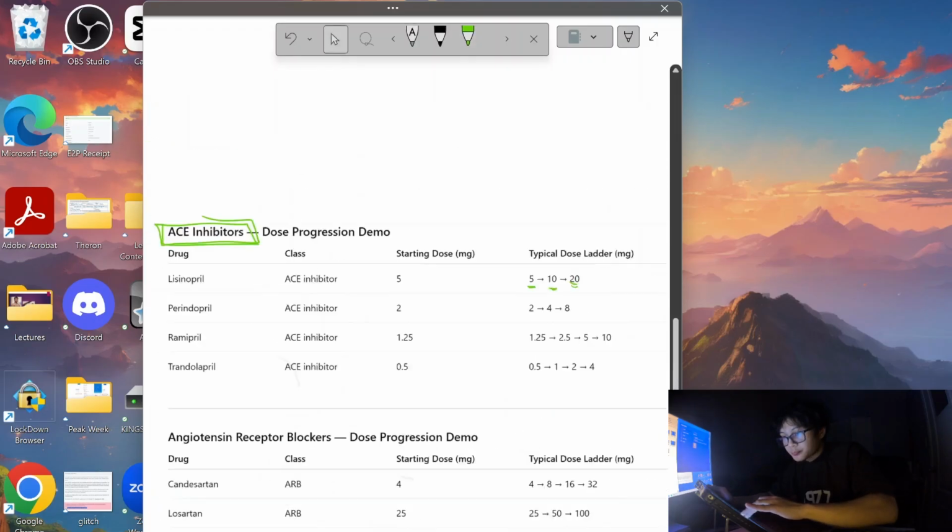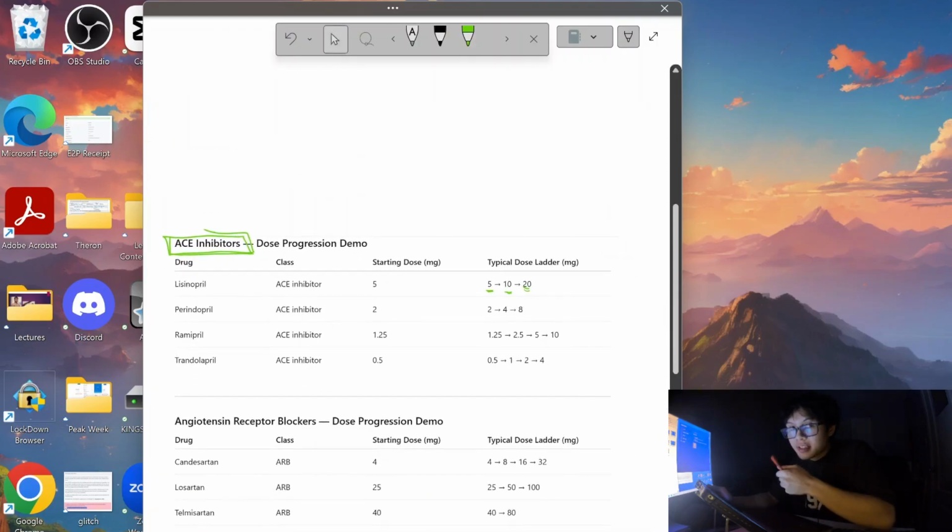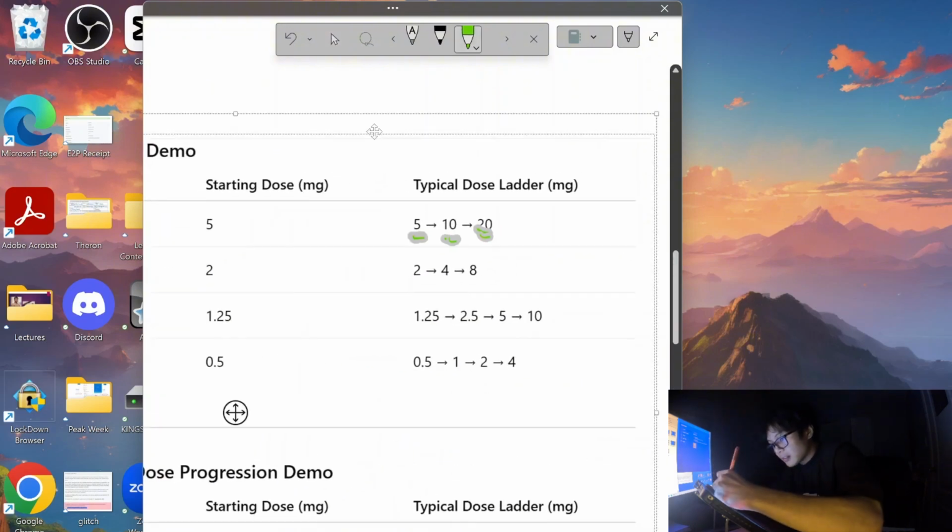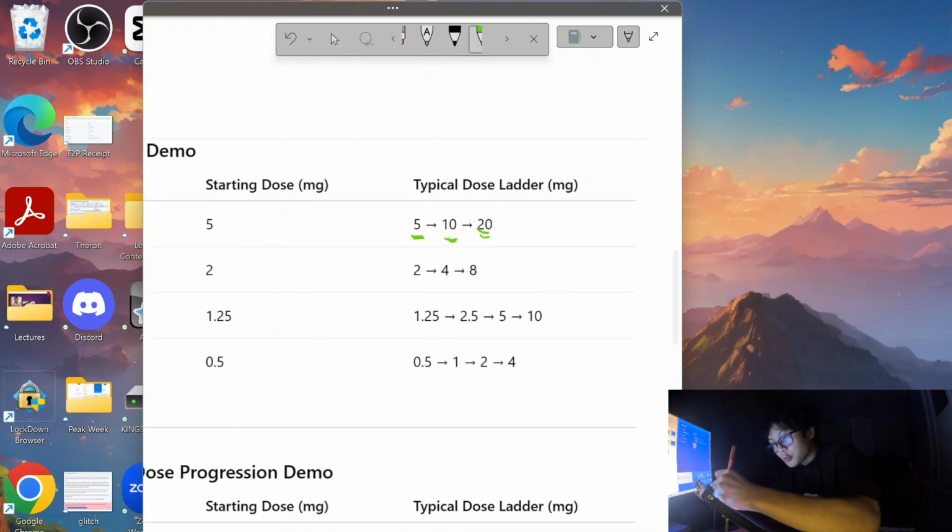So I noticed something from here: the weakest strength is 5 milligrams, then the middle strength is 10 milligrams, and then the strength after that is 20 milligrams.